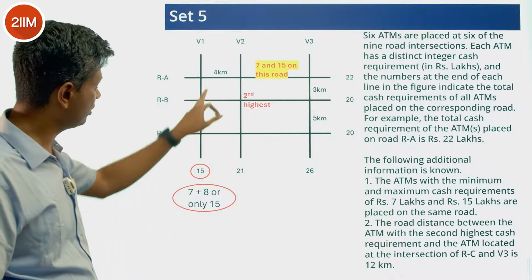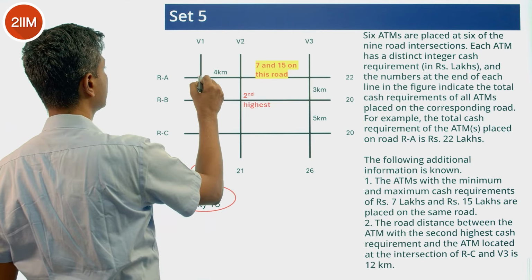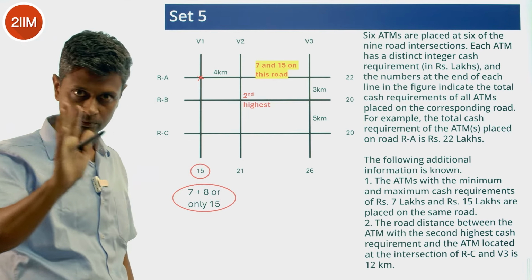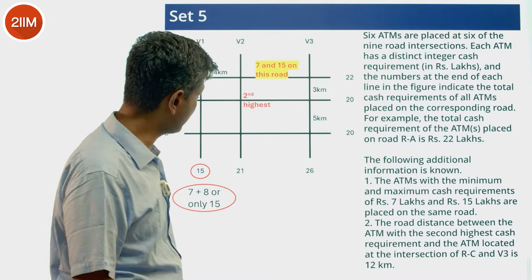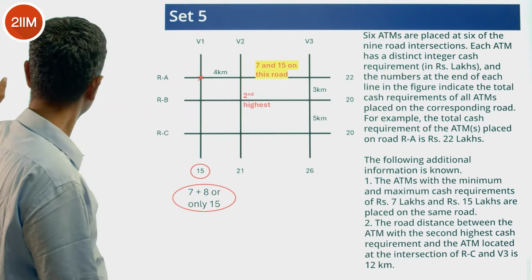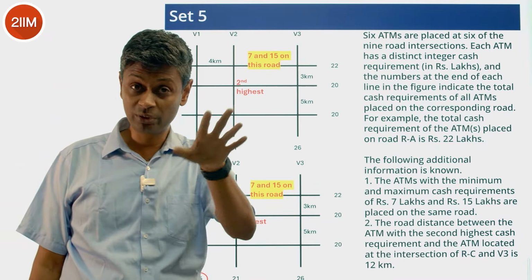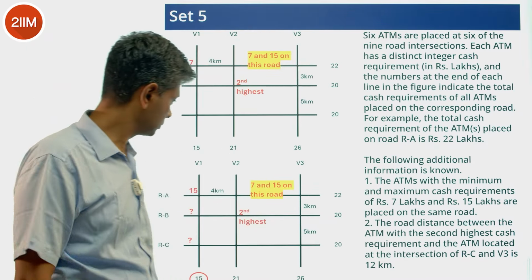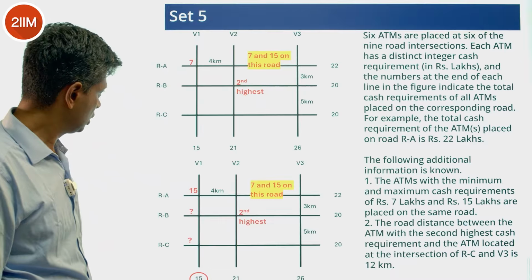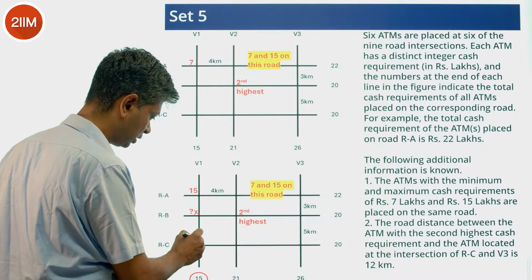If it is 7 or 8, this has to be 7. So the V1 and RA intersection has to have an ATM and that has to be either 7 or 15. Both are possible. Right now, put it as 7, put it as 15. Maybe one of these will get eliminated. This is 15. This overall adds up to 15. So nothing here, nothing here.